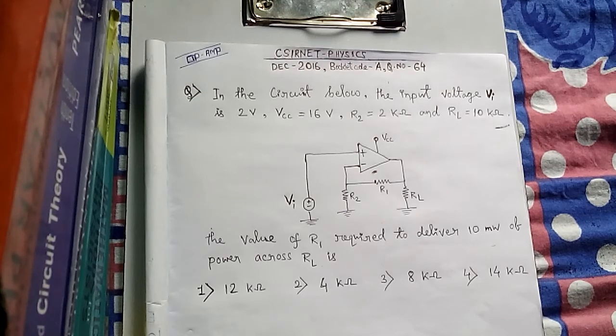But if we choose the resistance to be very low, then for the same battery the current in the circuit will be very high, and when the current is high, the power dissipation will be very high. And when the power is high, the battery will not last for more than a few days. So this is very important, and this is what we generally keep in mind when we make circuits.